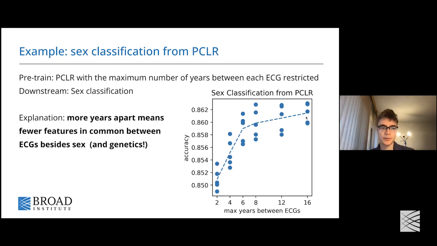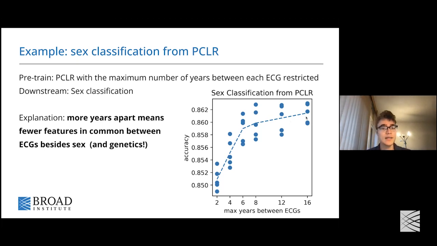The explanation for that, in the framework of picking the right shared information between our positive pairs, is that more years apart means there are fewer features in common between the ECGs besides sex.